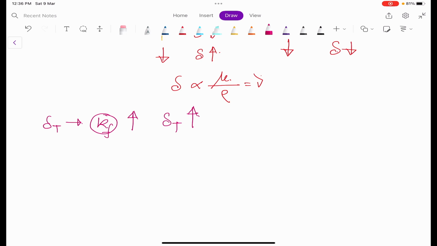Now rho Cp is the specific heat per unit volume. Specific heat says how much the fluid can store heat.